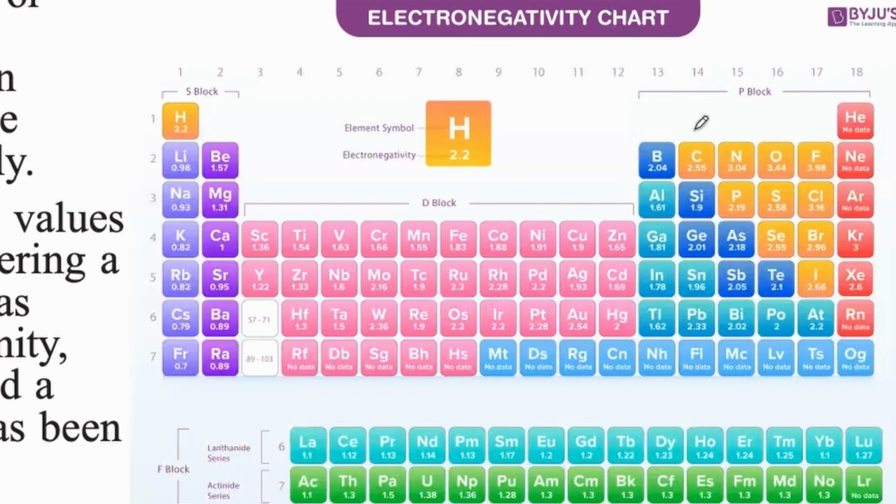The metalloids are between 1.9 to 2.18, and this is saying that there is no data for the gases, but as you can see, the group 14, 15, 16, 17 elements tend to have the highest electronegativity.